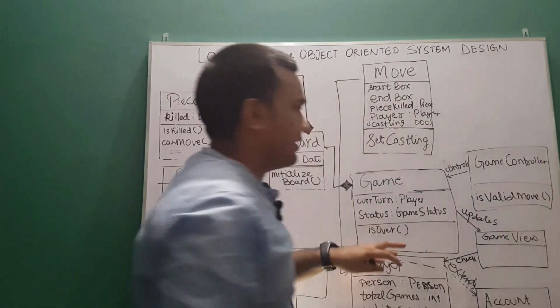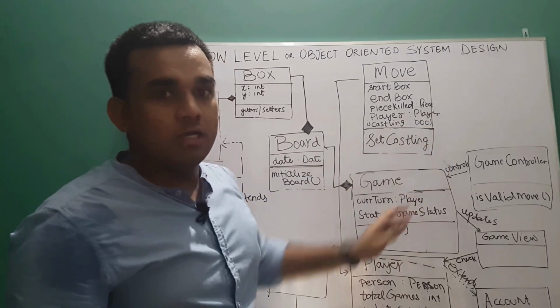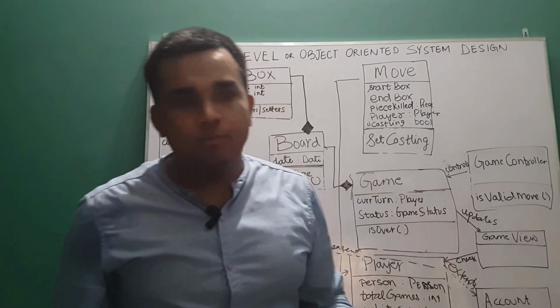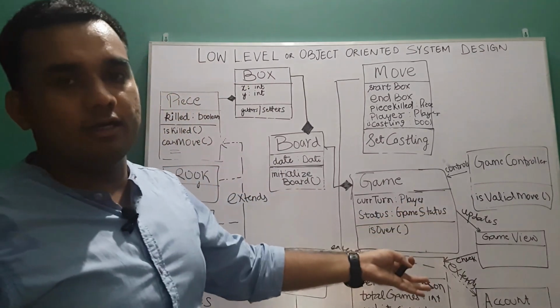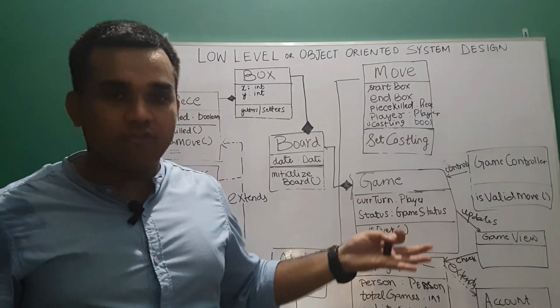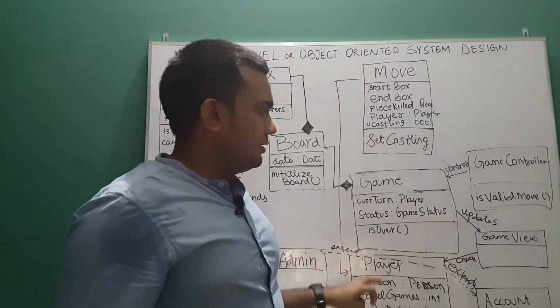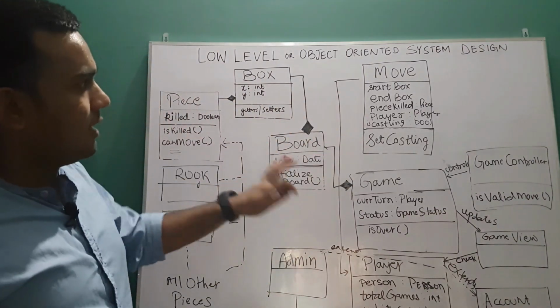What will it check? Let's suppose the turn is of the white side and black tries to move, then the game controller will check whether it is a valid move, like whether it is really your turn. If not, it will return false, and player black will not be able to move if the turn is of white. So this is the complete view of the class diagram here.